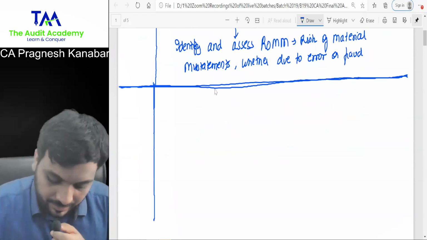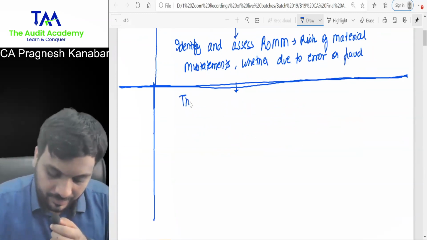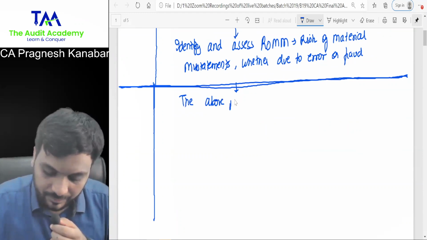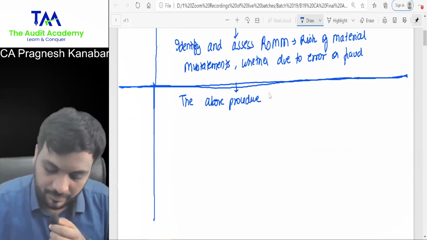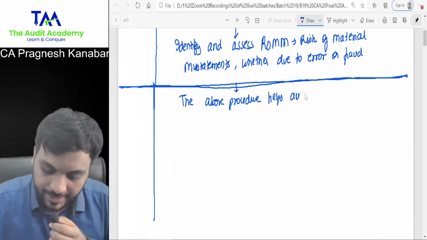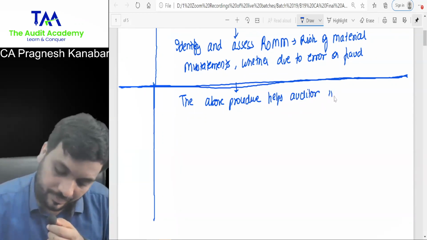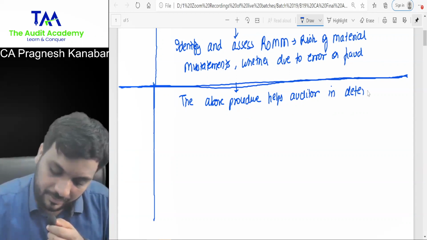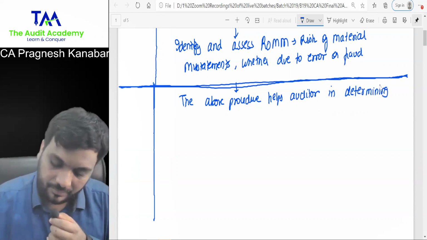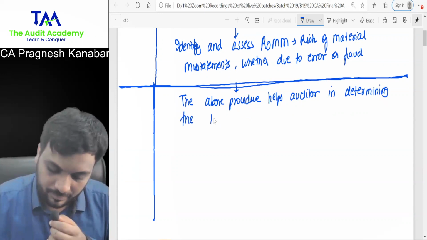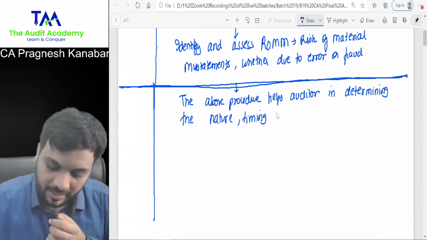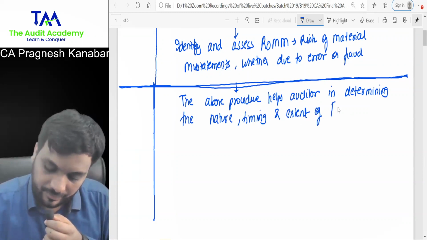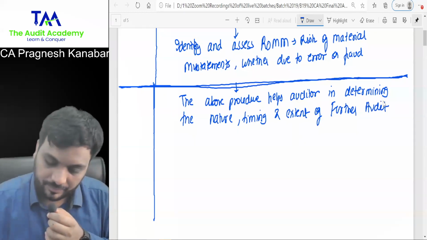The above procedure helps auditor in determining the nature, timing, and extent of further audit procedures.